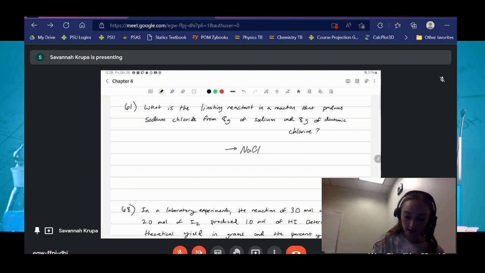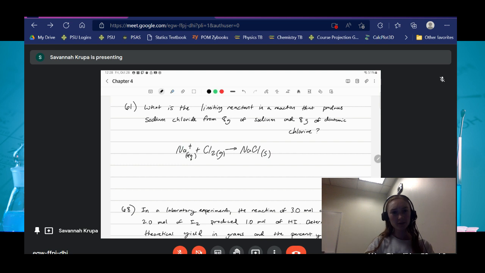So let's write that on the left: Na plus, and diatomic chlorine, Cl2, since di is 2, and that's a gas. And this is a solid because it's a salt. I'm not sure in this problem, but it doesn't ask for the states right now, so I wouldn't worry about it.